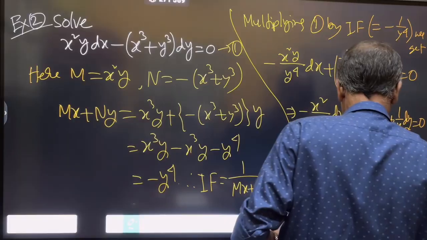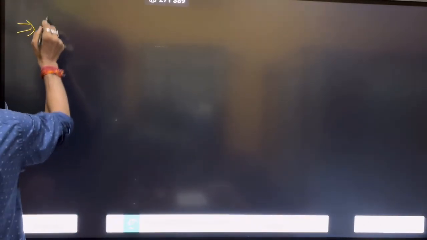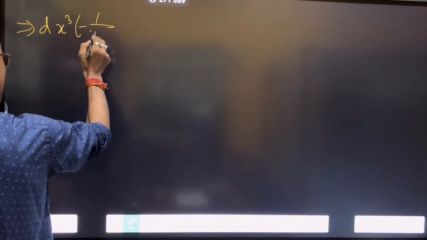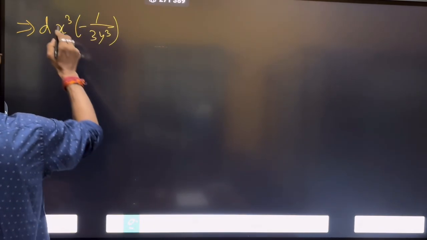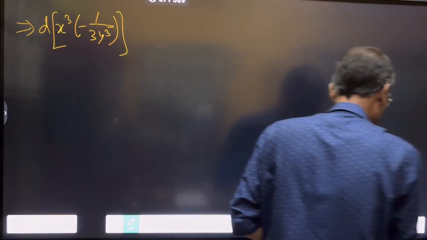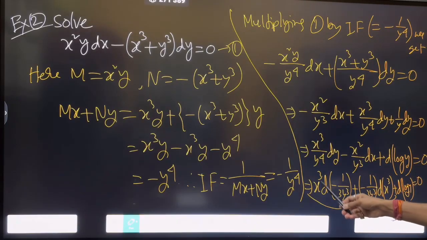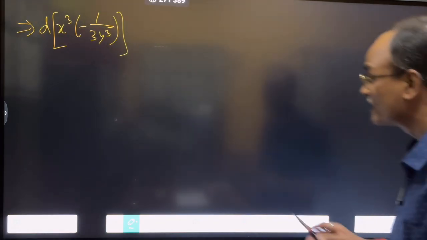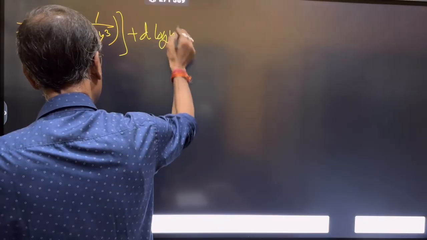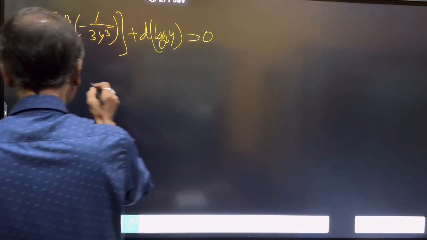You may write d of x cube into minus 1 by thrice y cube plus d log y. This is equal to 0.